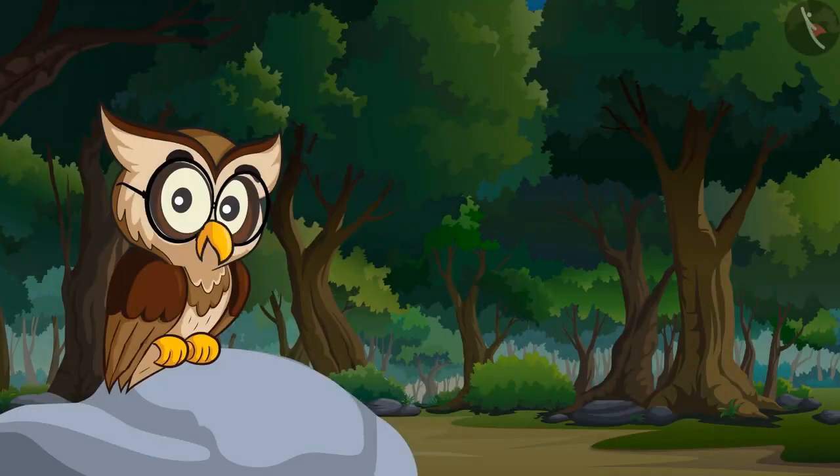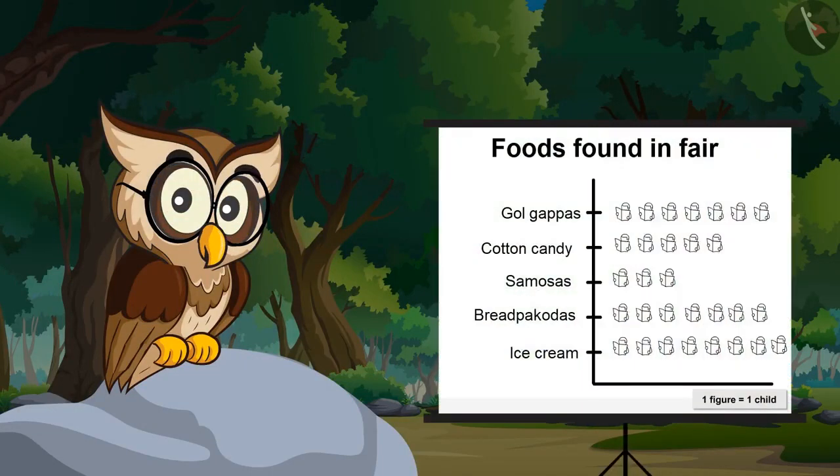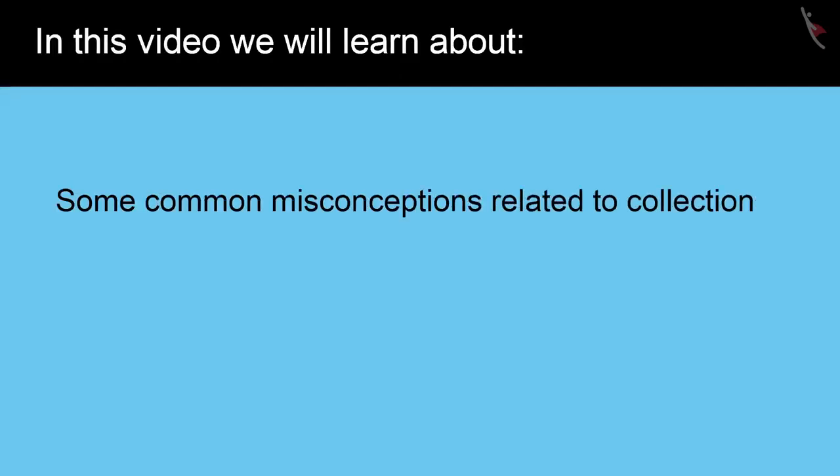Hey kids, in the previous video, you have learnt about the collection and arrangement of data in tabular and pictographic form. In this video, we will learn about some common misconceptions related to collection and arrangement of data.